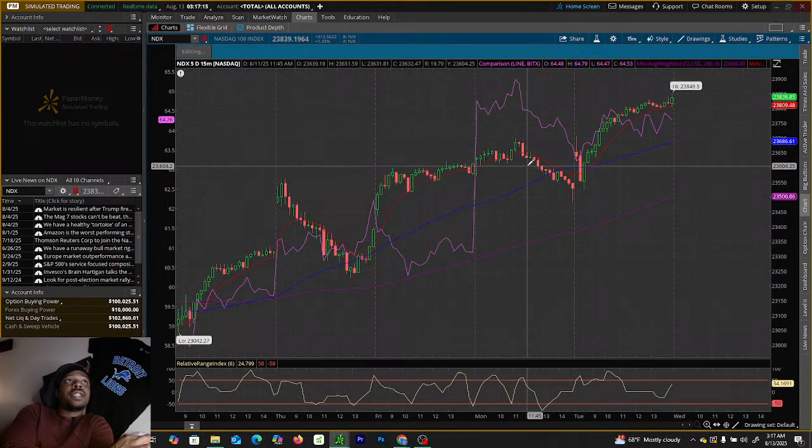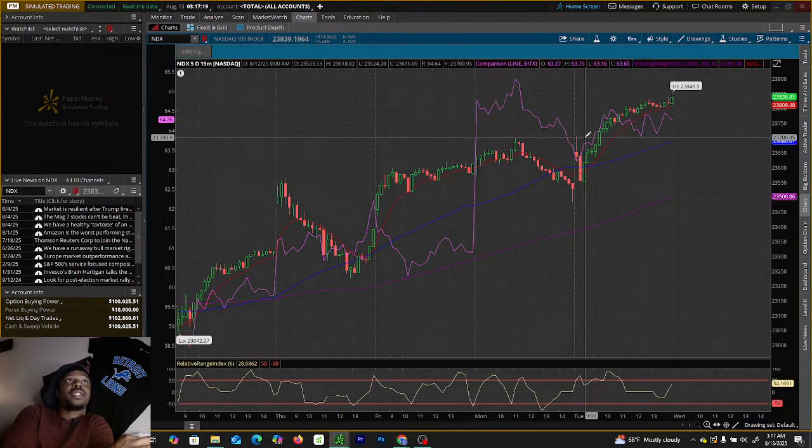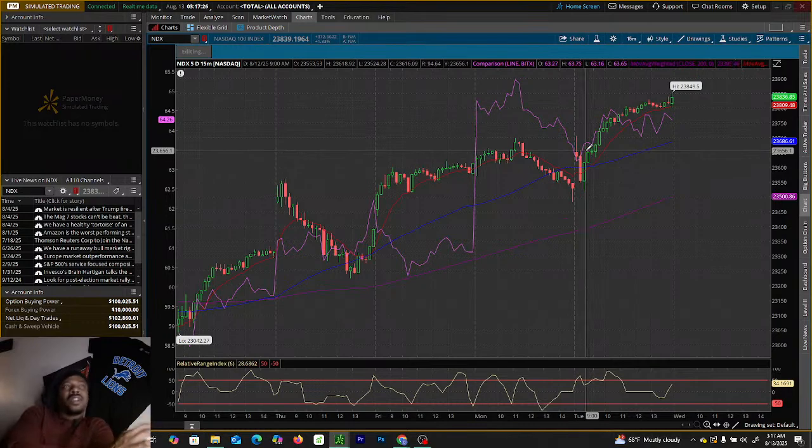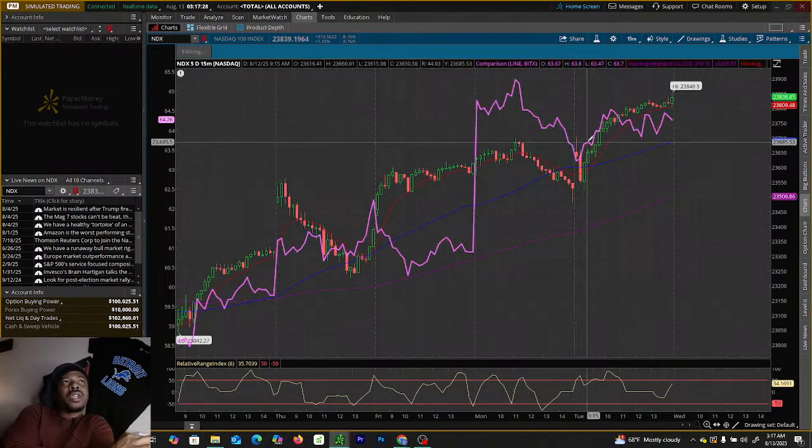And that's the thing about these indexes. One moment it's up, the next moment it's down. You can't really predict. This is a perfect example, a perfect fake out. I heard this stat earlier: usually if it opens up green, it'll close green.